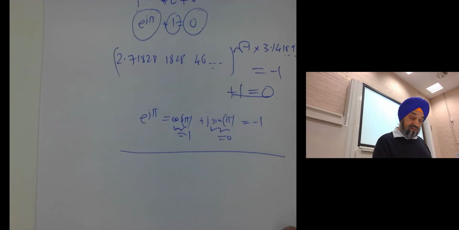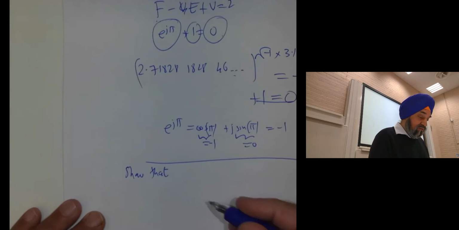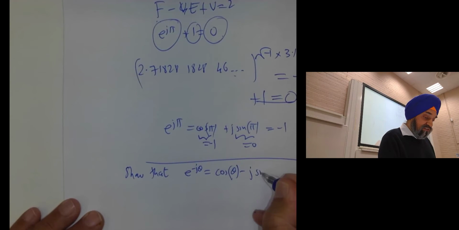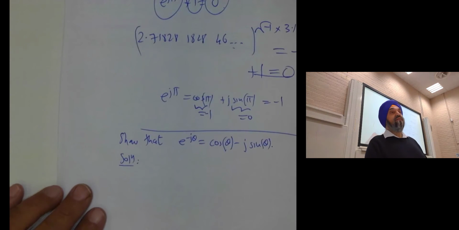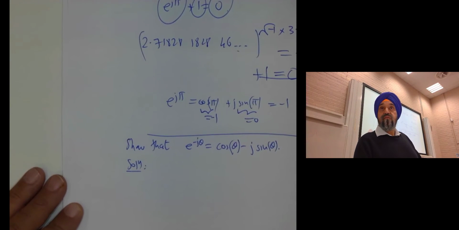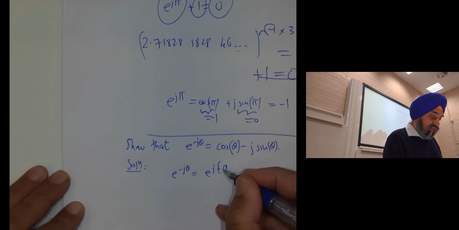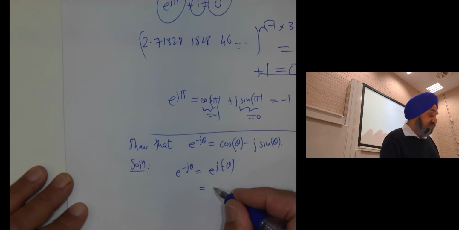Okay, what about show that e to the minus j theta is equal to cos theta minus j sine theta. How would I show this? Well, maybe if you put theta as minus. Yeah, exactly. We can write e to the minus j theta as e to the j minus theta, can't we? And then, like you said, we can write this with r as 1 in this case.